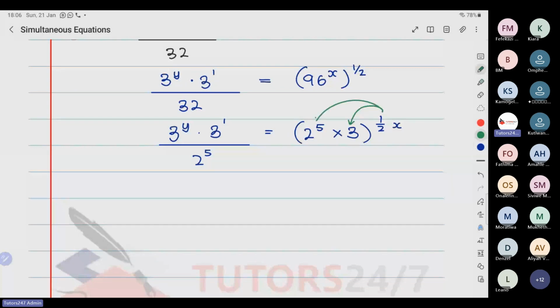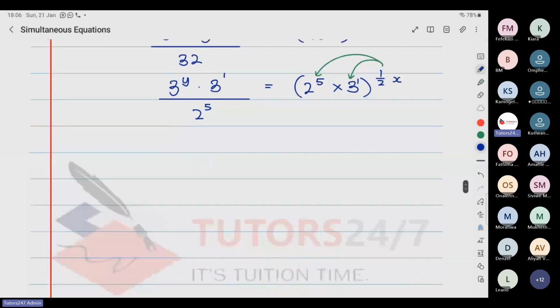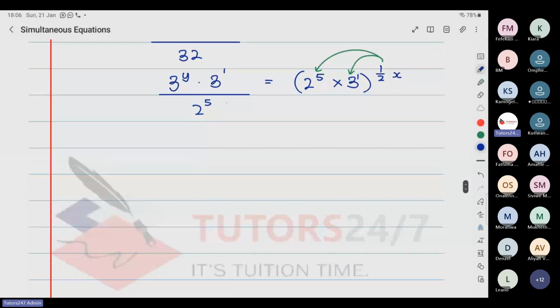Keep in mind that the exponent of 3 is 1, okay? So when we multiply, we are going to multiply 5 times a half x, and we are going to multiply 1 times a half x.